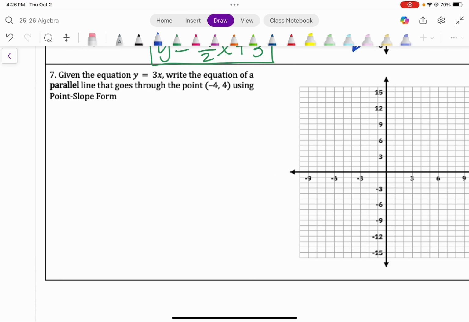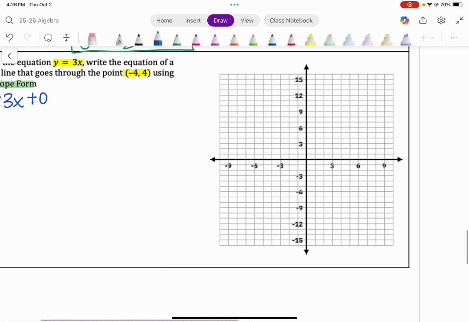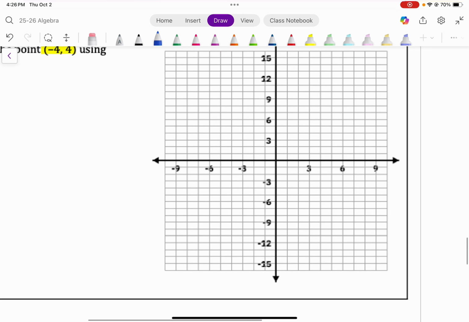We're going to graph y equals 3x, and find a line parallel to it going through negative 4, 4 using point slope. So my y equals 3x. I can't see a y-intercept, so I can put plus 0 on it. So I'll start at the origin and go up 3 and over 1, up 3 over 1.